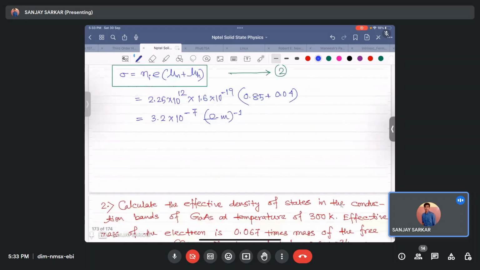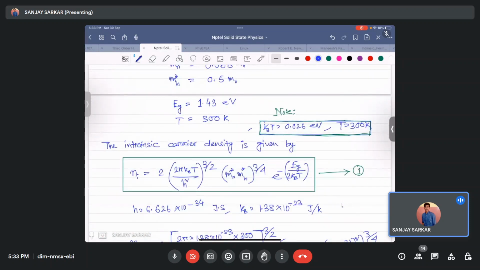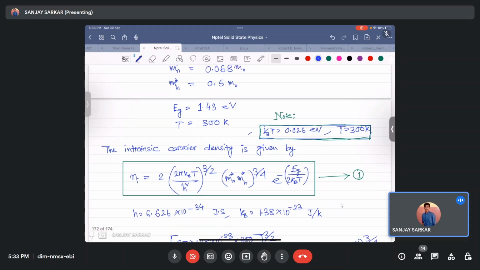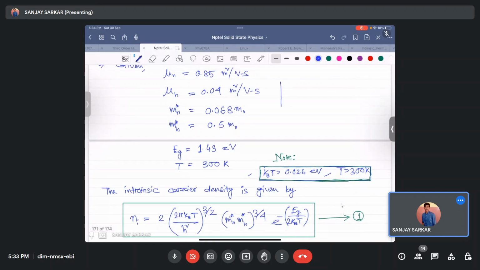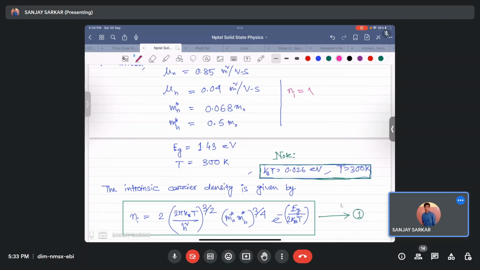So when I wrote this formula equation 1, it is actually coming from that effective density of states. So basically ni, the intrinsic carrier concentration, is given by Nc Nv to the power half into e to the power minus Eg by 2kT.